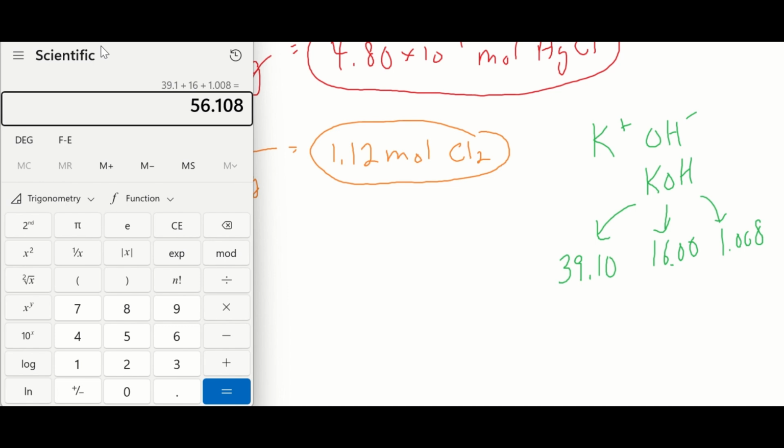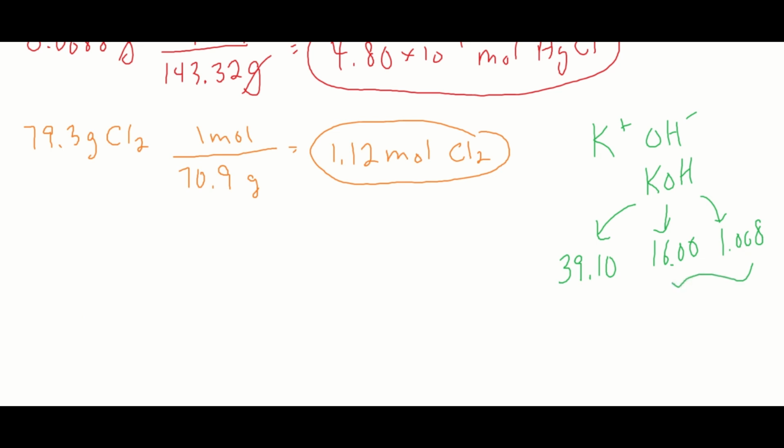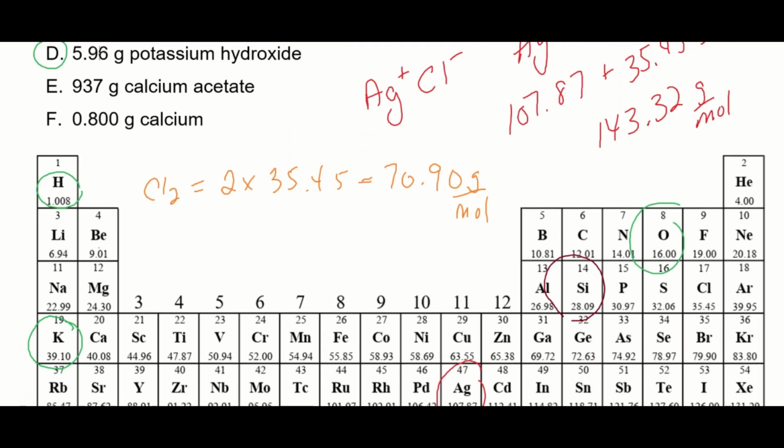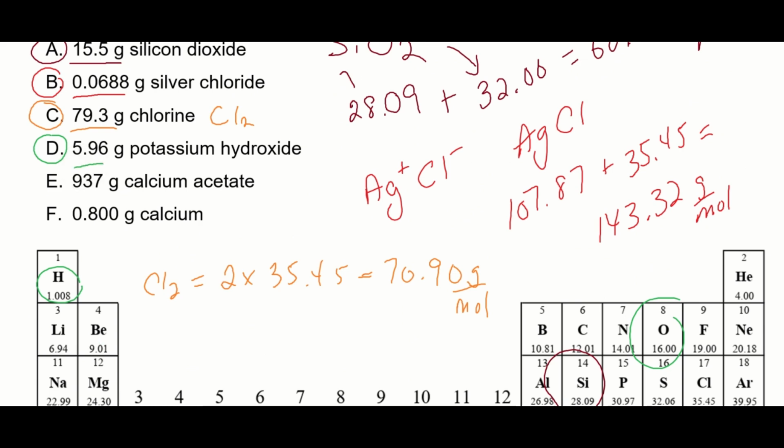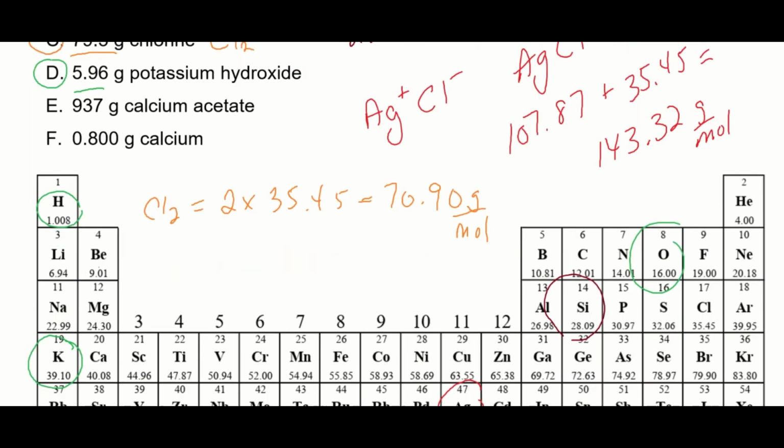So the molar mass for potassium hydroxide is 56.11. All right, let's use that to convert 5.96 grams to moles.